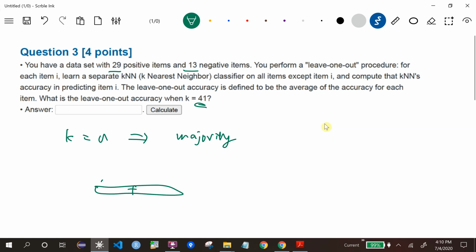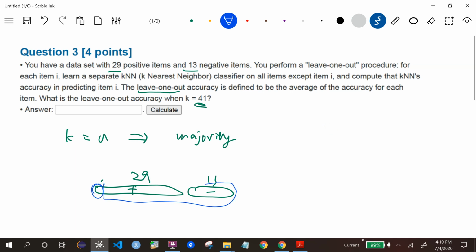So suppose these are positive ones, there are 29 of them, and these are negative ones, there are 13 of them. So suppose when we use the leave-one-out cross-validation, suppose we leave the first one out, then we are going to use these 41 instances as the training set to predict that last one, right?